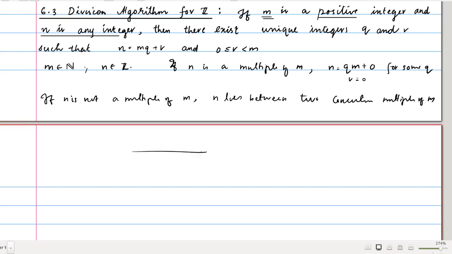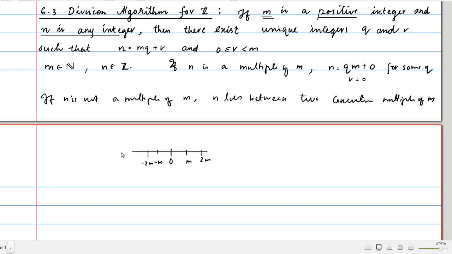That means you can find a number Q such that, if you consider the real line first, this is our real line, and consider all the multiples here. This is M, this is 2M, and this is minus M, this is minus 2M, and so on.